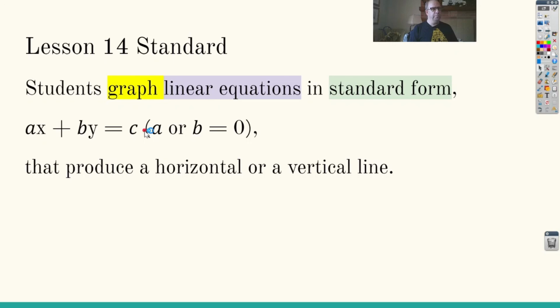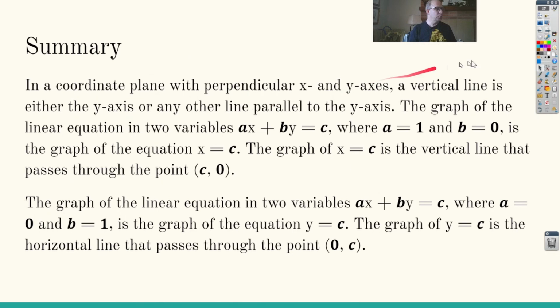And that is a vertical or horizontal line? Y is always equal to 5. That would be a horizontal line. Okay, and if b was 0, then we'd have x equals c. So x equals c, it's always a vertical line. Okay, the summary is kind of confusing, but it's saying the same thing.